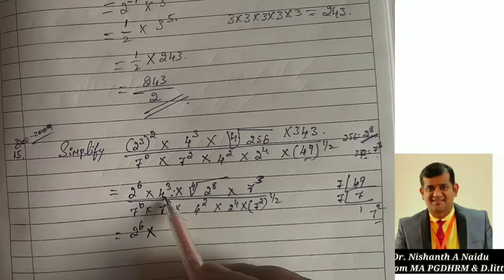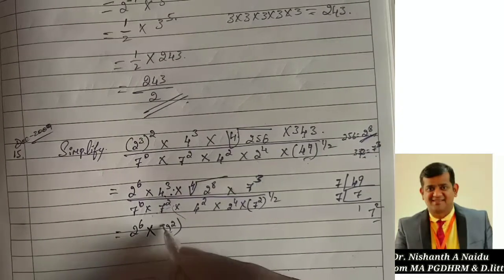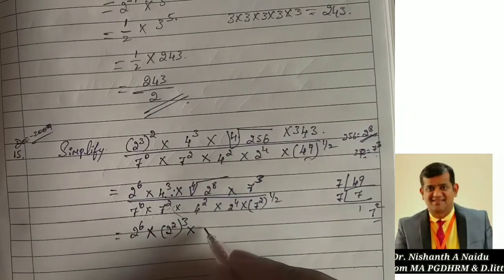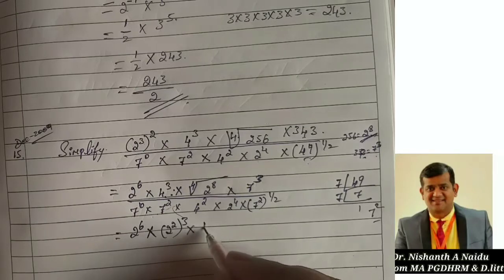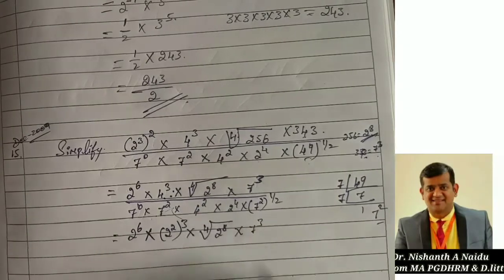So if you find LCM for 4, 2 ones are 2, 2 twos are 4. So that becomes 2 to the power of 2 whole power 3 into 4 root 2 to the power of 8 into 7 to the power of 3.